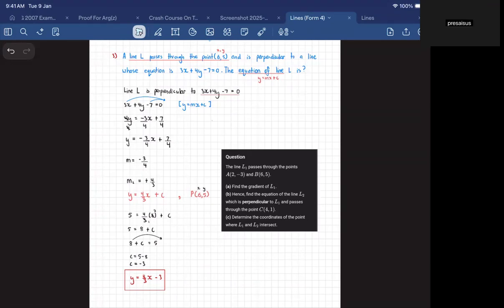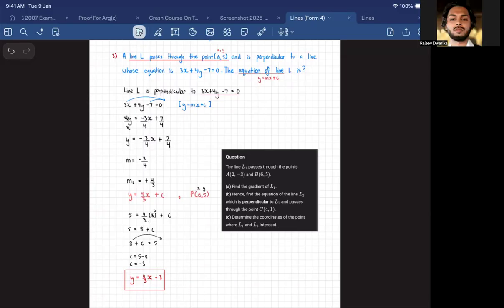The formula is M equals Y2 minus Y1 over X2 minus X1. Great. That's correct. Now tell me something. How many points do you need to find the gradient? 2 points.